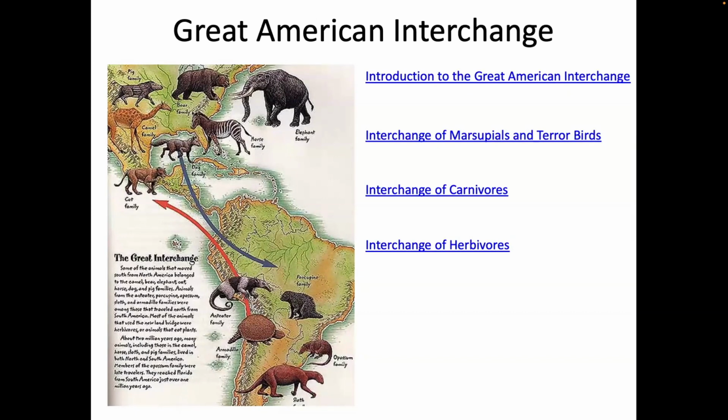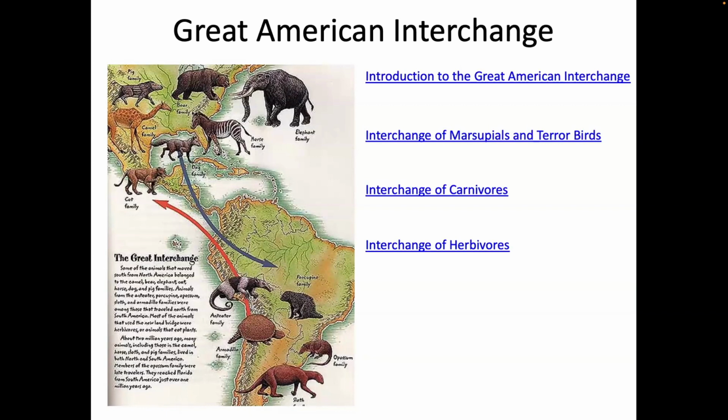We see the introduction of a lot of big animal groups into the southern hemisphere, like bears, horses, mountain lions, camels, which would eventually go on to become alpacas and llamas in South America. Various pig family members like peccaries, and members of the elephant family, like mammoths and mastodons. They all migrate into South America.